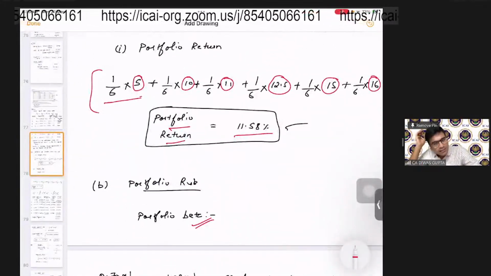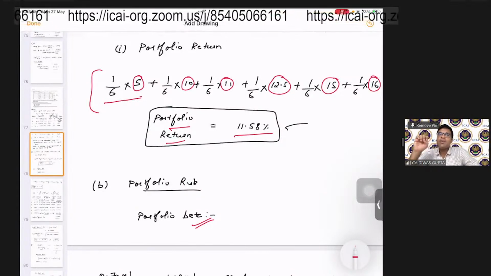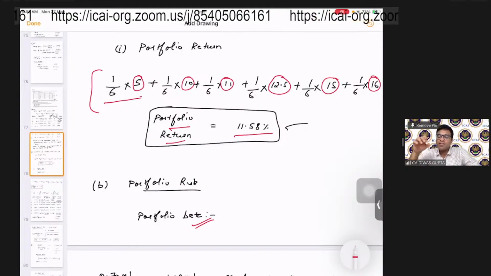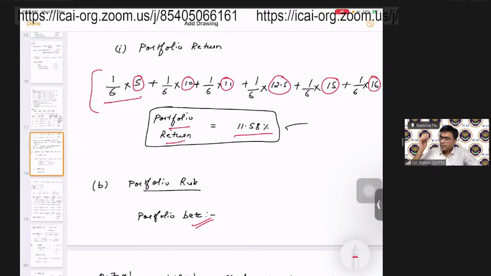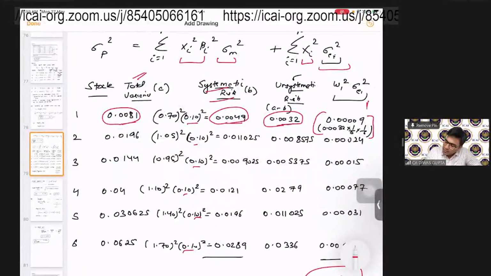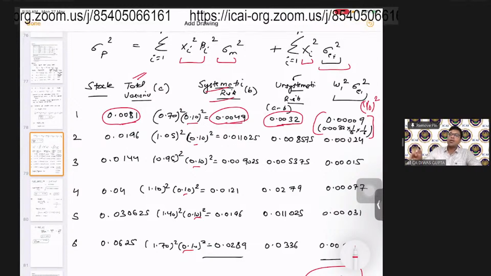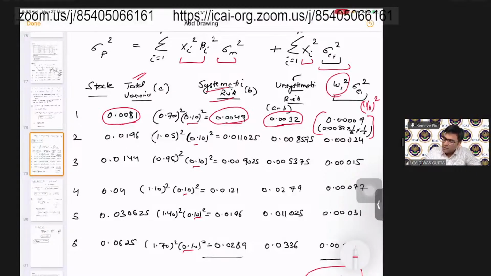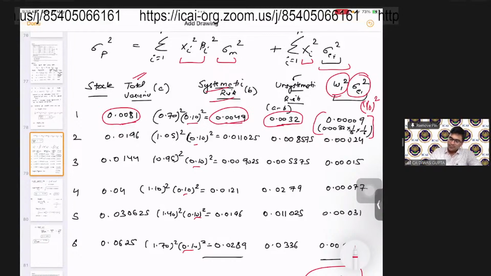If you ask me what is the weight, weight is 1 by 6. 6 securities, and that we have arrived at because it is mentioned that 6 securities are equally weighted. Understood, no? Perfect, Abrikesh. So here we take 1 by 6 raised to the power 2, right? Because it should be the weight square. That's what the formula is. Weight square into residual variance. That's how we take it.